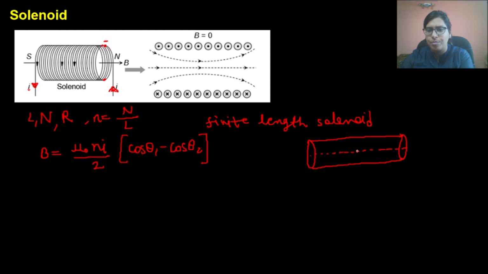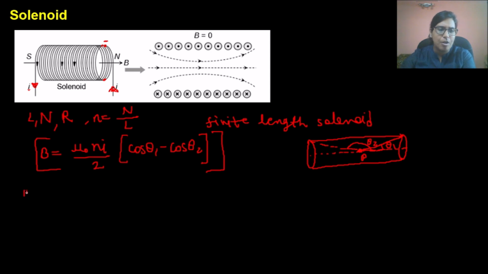Inside the solenoid, suppose here is a point P. The point P makes an angle with one end and the axis of the solenoid, that is theta 1, and with the other end it makes another angle theta 2. Remember, these angles are measured in the same direction, right? So this will be the formula for a finite length solenoid.